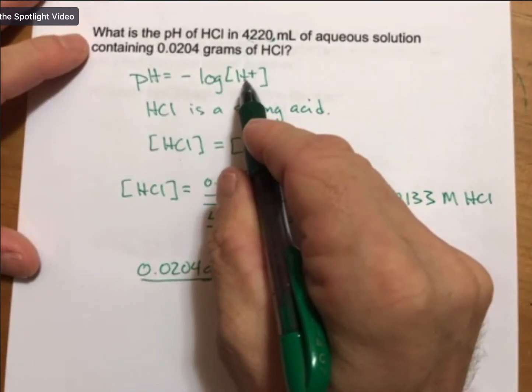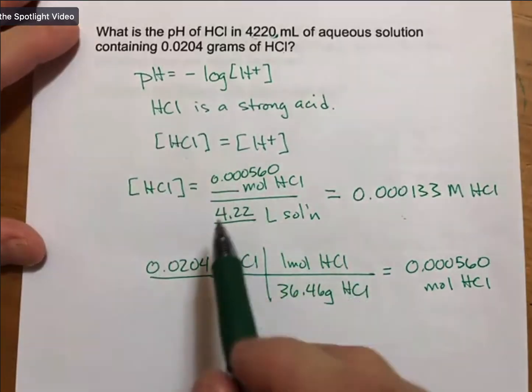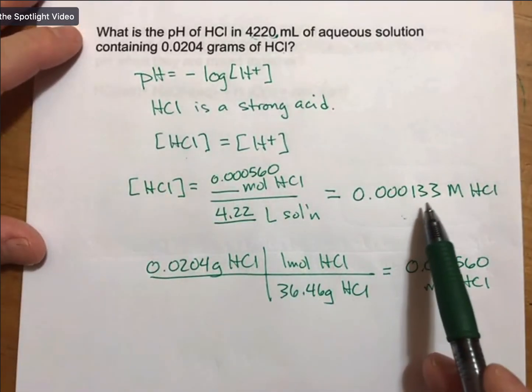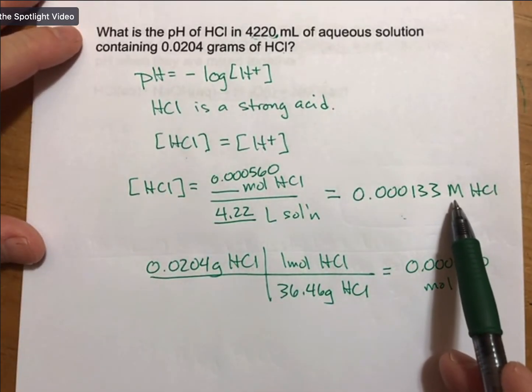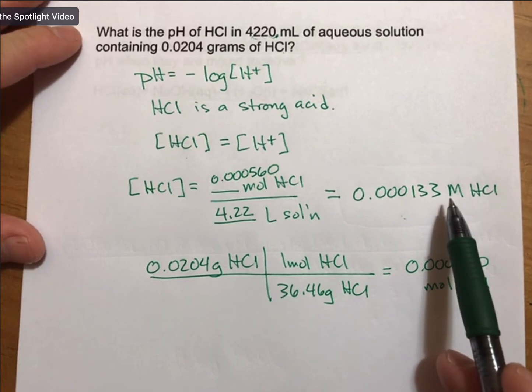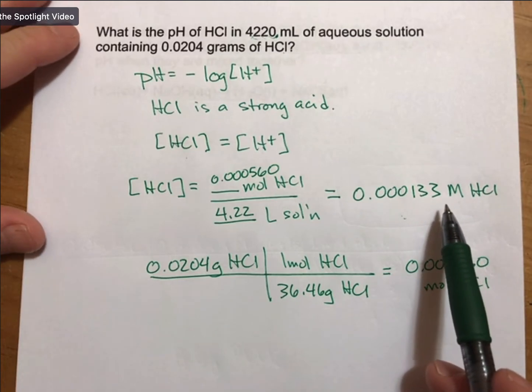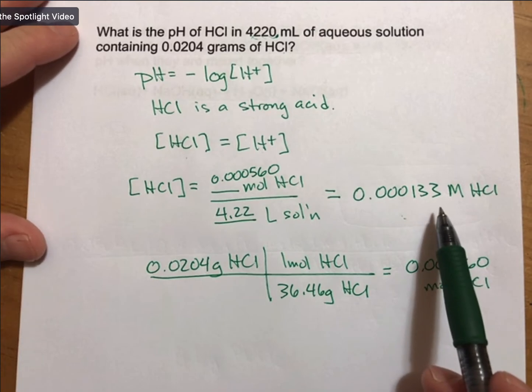Before I do that, let me just note what small concentrations we've got here for pH. Remember, pH is the power of hydrogen, and they're really tiny concentrations.